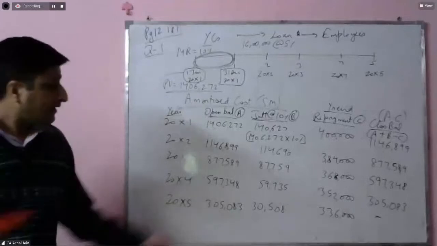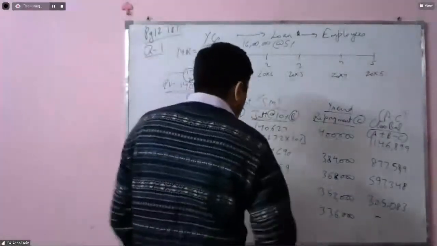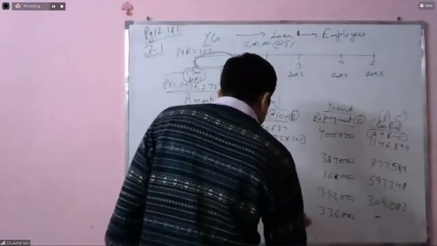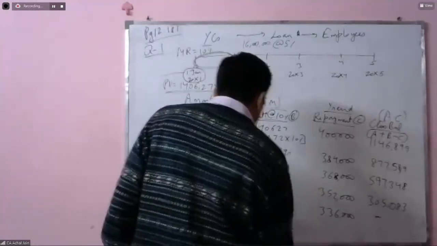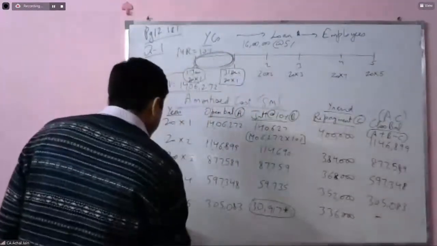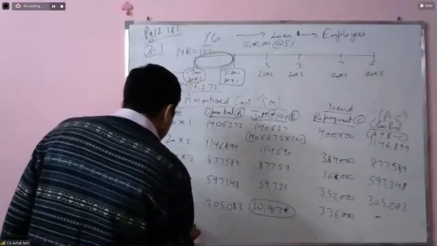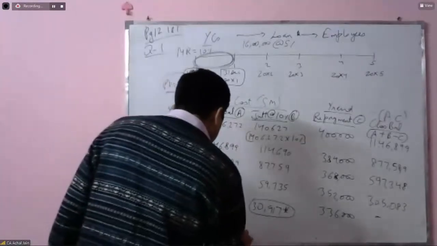How do we correct it? We pick up the balancing figure over here, like it's done in the question also. So this will be the difference between these two. You can specify the difference is due to approximation.